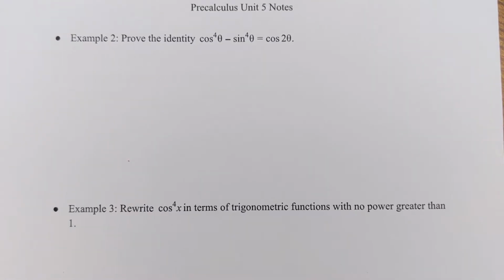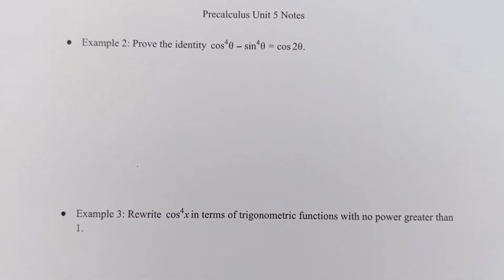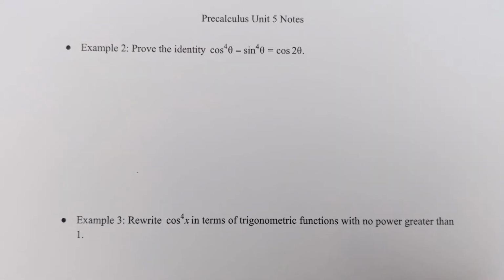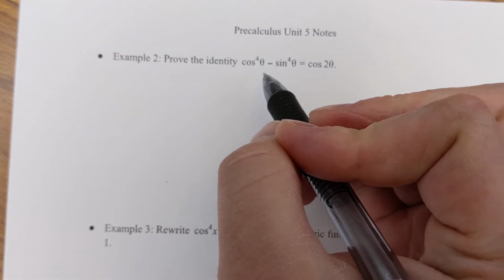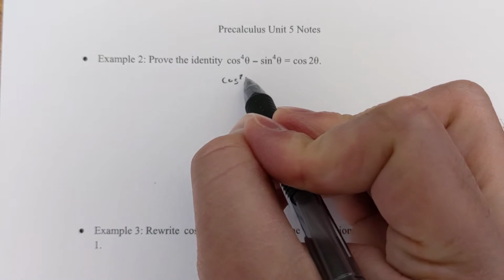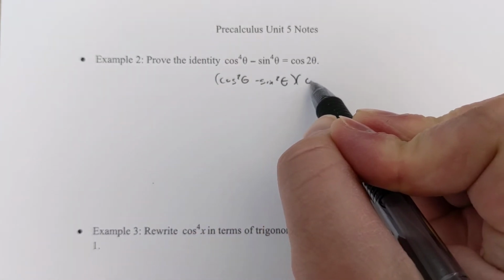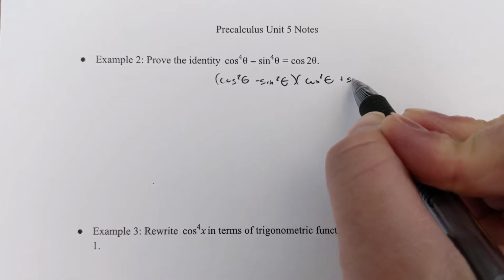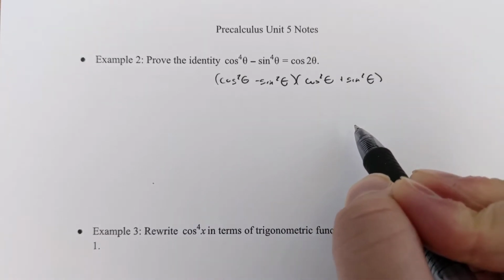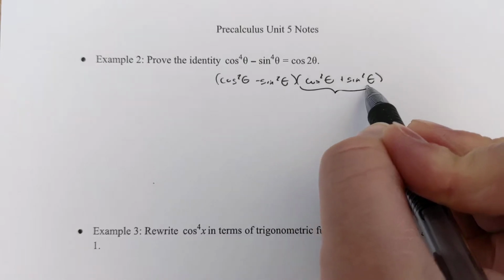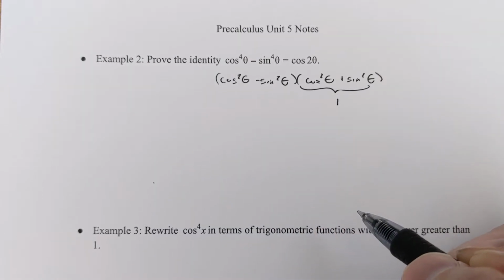Here we've got example 2: prove the identity cosine to the fourth minus sine to the fourth is cosine 2 theta. This is actually a difference of squares, so I can factor it: cosine squared minus sine squared, times cosine squared plus sine squared. This guy over here is all just 1.